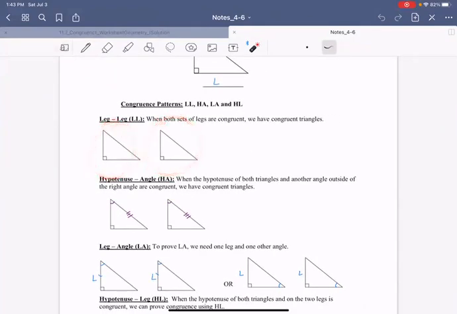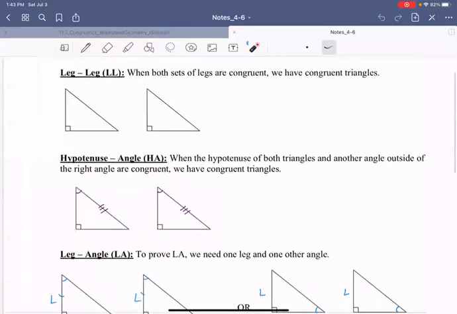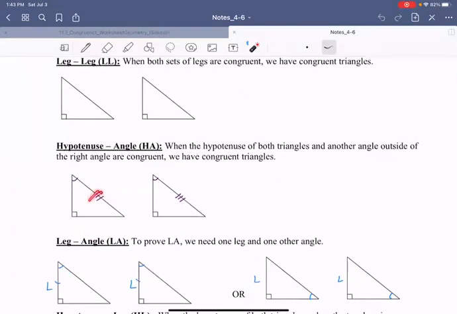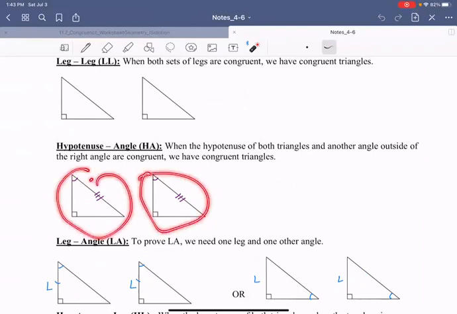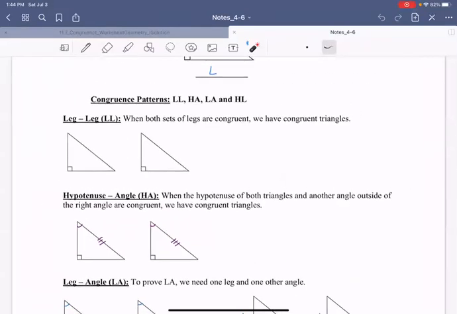For two triangles, if this leg is congruent to this leg and this one to this one, this is called LL. And for this one, you were given a hypotenuse congruent and one of the angles congruent. These two will be congruent based on HA, hypotenuse and angle. Remember?